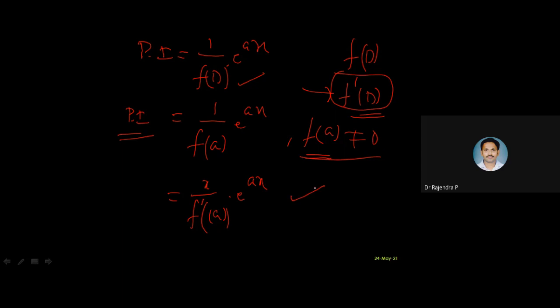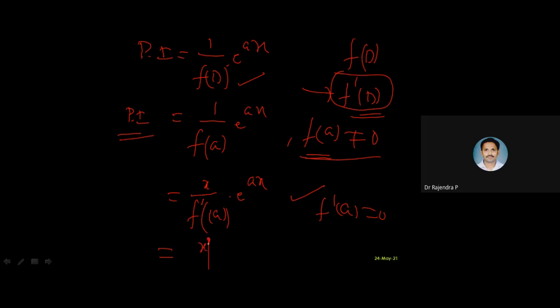Have you understood? One x always has to be supplied, and the denominator differentiated. Suppose f dash of a is also 0. There may be such chances. Then the value is not valid, so what do we do? Supply one more x to the numerator.